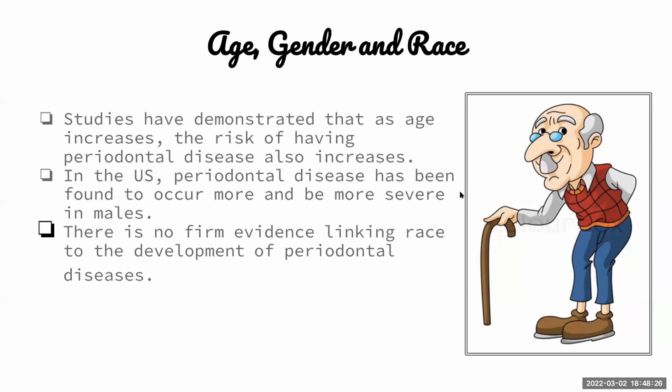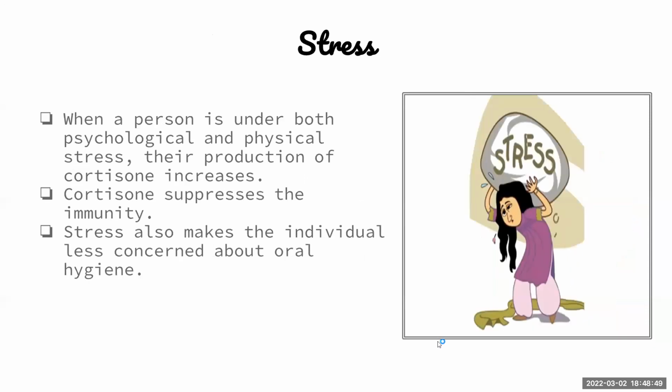Studies have demonstrated that as age increases, the risk of having periodontal disease also increases. It seems, at least in the United States, that males have more severe perio than females, and there's no firm evidence linking race to the development of periodontal disease.